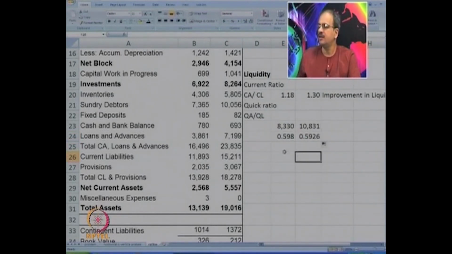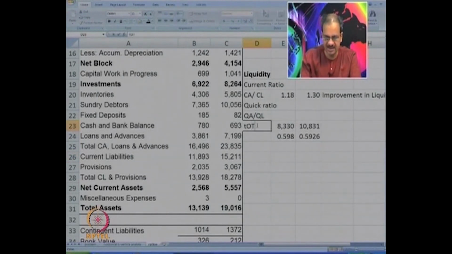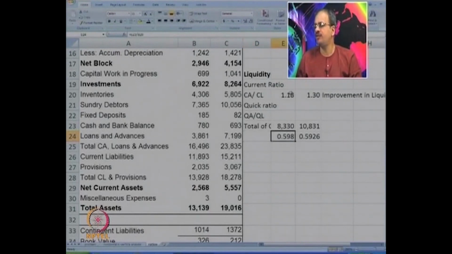Are you getting me? This was the calculation of total quick assets, and the ratio you get is 0.58 and 0.59. So, what do you get from the ratio? You will realize that there is almost the same type of liquidity position as in the earlier year.